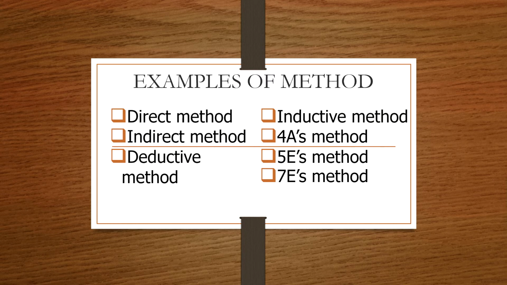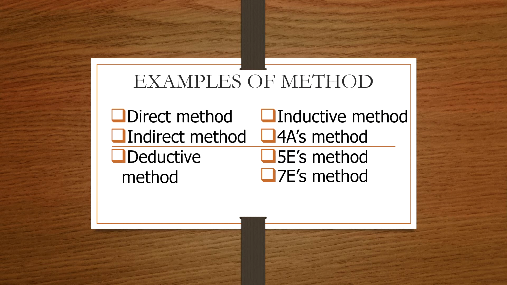All these methods are procedural, meaning to say, when you apply these methods, you need to follow particular steps, and that's what makes them methods, because it is a logical arrangement of steps. For example, if you use a 4A's method, it has 4 steps.